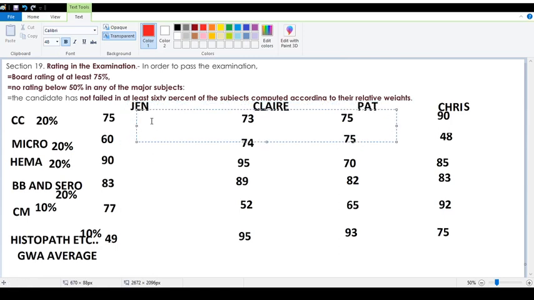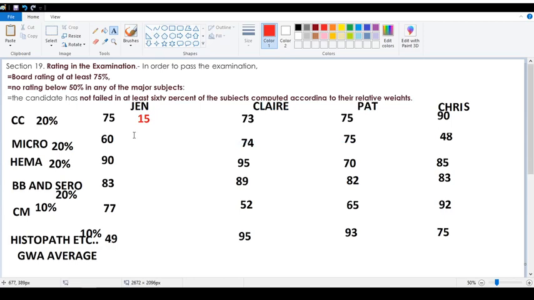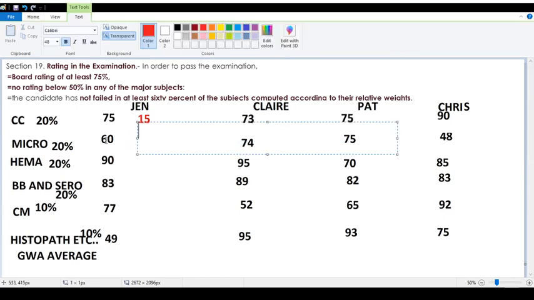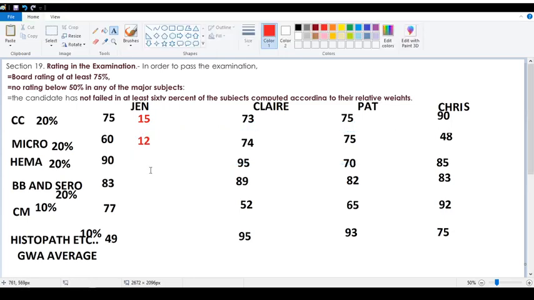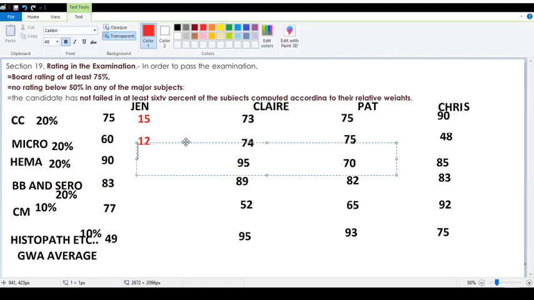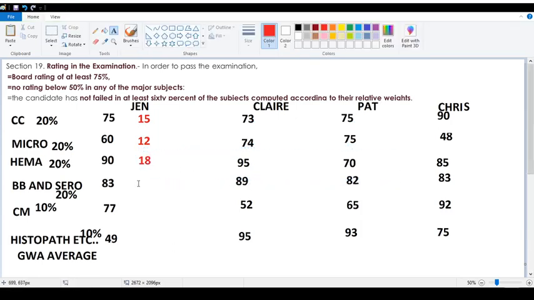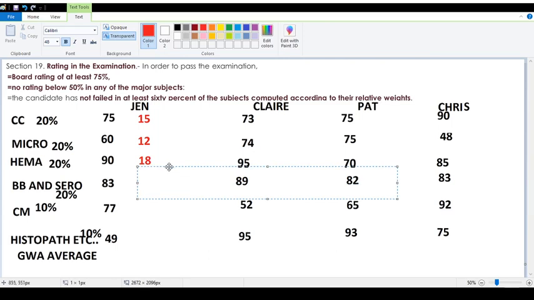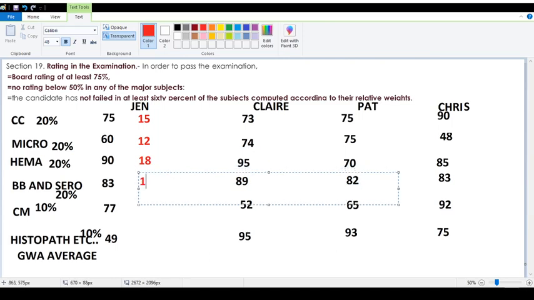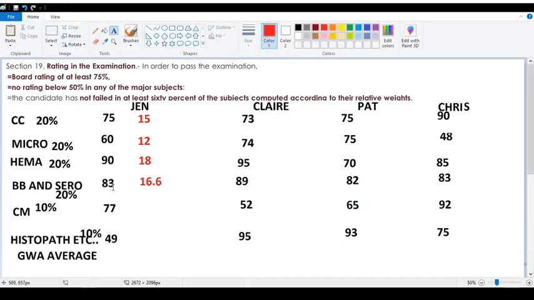So, 7.5 times 2, that is 15. This one, 6 times 2, that is 12. Okay? So, mabilisan na so that you don't need to use the calculator. 8 times 2, that is 18. This one, 8.3 times 2, that is 16.6.